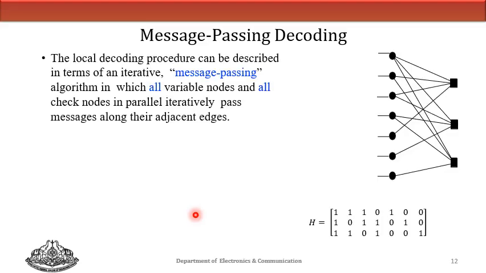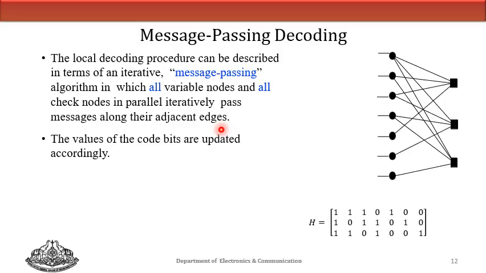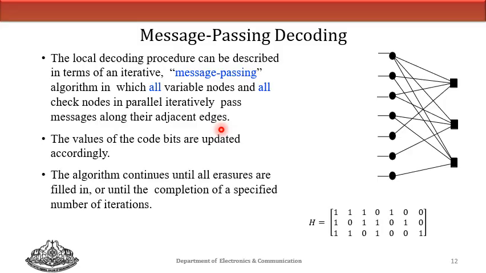So this is basically a local decoding procedure that we have discussed, which can be described in terms of the iterative message passing algorithm, in which all the variable nodes and all the check nodes in parallel iteratively pass messages along their adjacent edges. So the values of the code bits are updated accordingly, and the algorithm continues until all erasures are filled in or until the completion of a specified number of iterations.